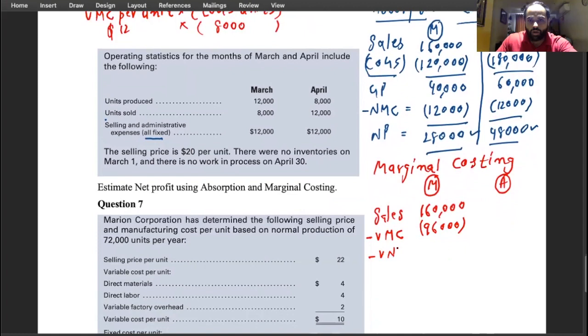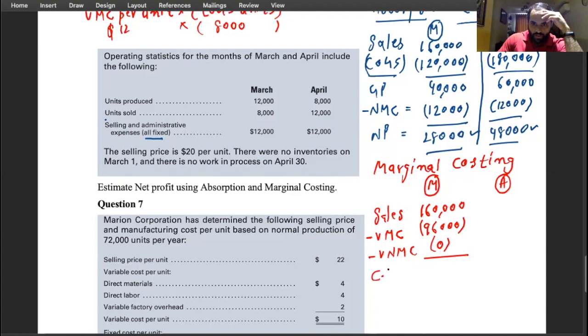Minus variable non-manufacturing cost. How much is variable non-manufacturing cost? Yes, it's 0.